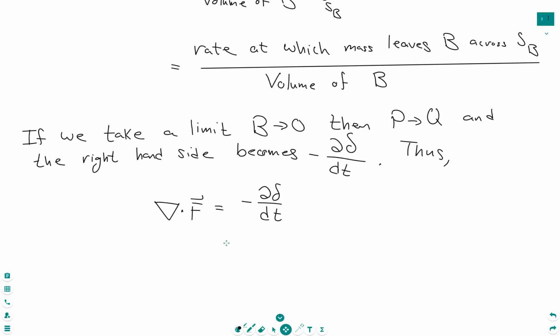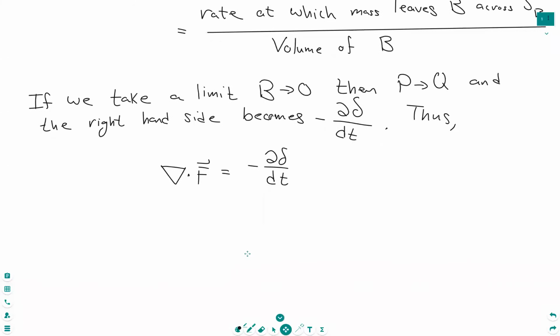And that's how they get the continuity equation. This was just a little excursion into an application that some of you might have seen with fluid flow. I won't go into sinks and sources.